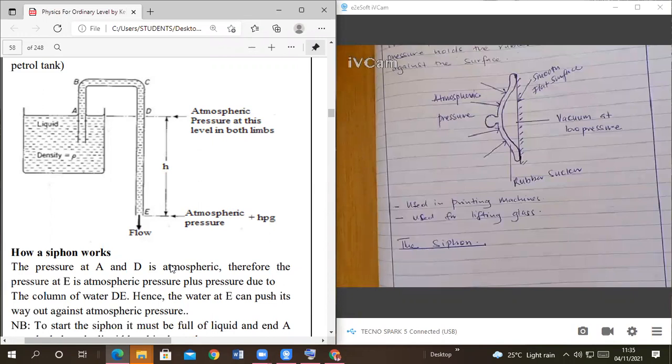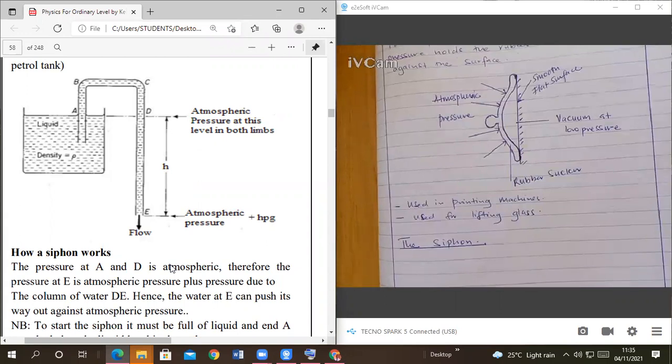For example, you have seen the tubes they use when giving medicine to a sick person, called a cannula. You can use that tube.